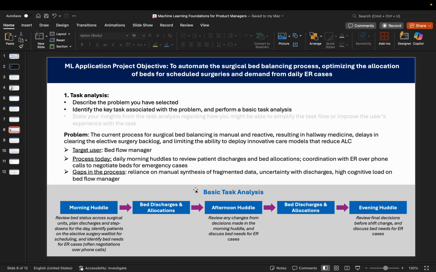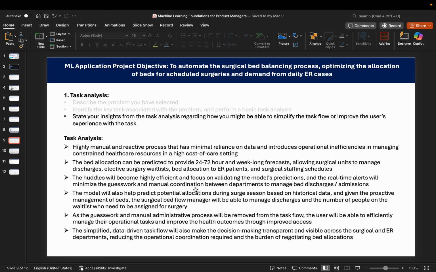And this results in multiple huddles throughout the day to look at what beds are becoming empty or need to be emptied with patient discharges, and how the bed needs get balanced between patients on the wait list and the ER cases. So the task analysis really here, as I said, tells us this is a manual and reactive process, which introduces inefficiencies, especially in a high cost of care setting, which is the acute care hospital.